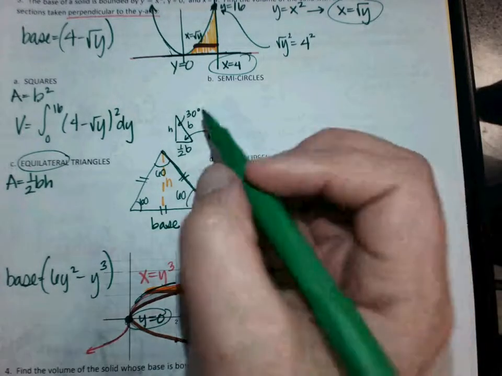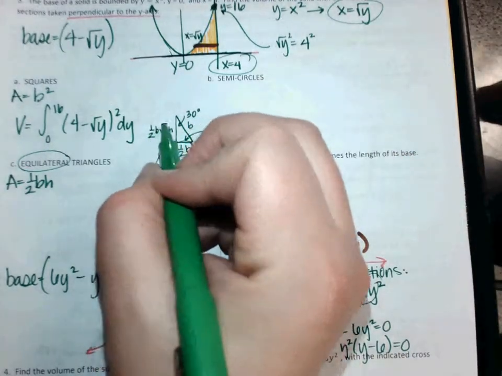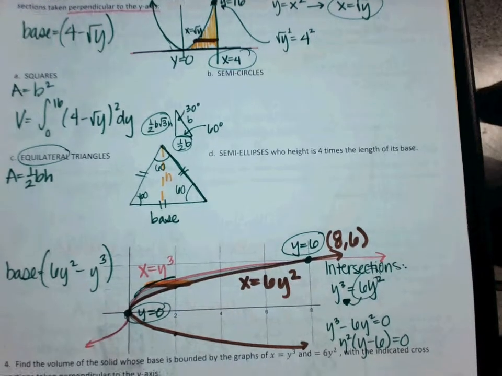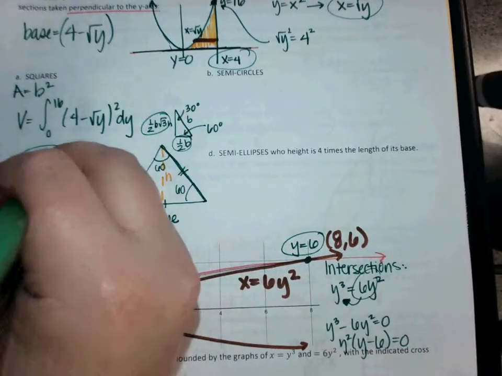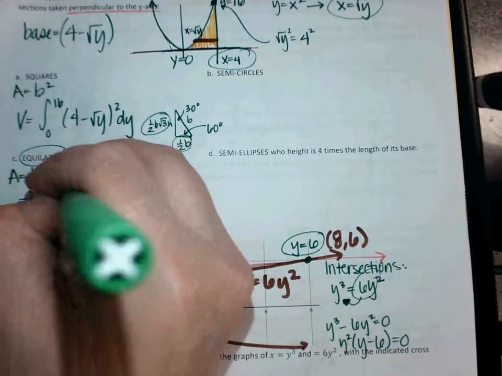Okay, so if this is half base, then what's the height? Half base root 3. And remember that that's your special rights for 30, 60, 90s, is that it's x, 2x, and then root 3 times x. Okay? So then I'm going to rewrite this here, 1/2 base, and then 1/2 base root 3.